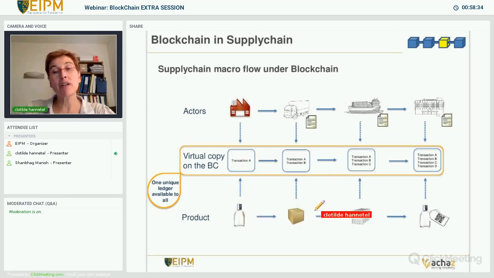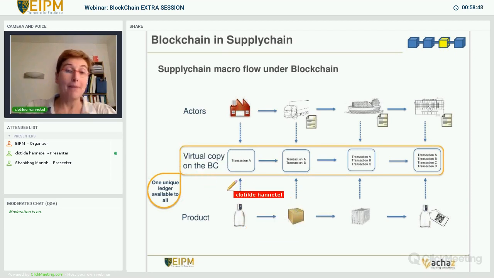As long as this bottle is moving through the supply chain, the registered transaction is getting bigger, and you can trace exactly what happened to this very specific bottle of liquid.